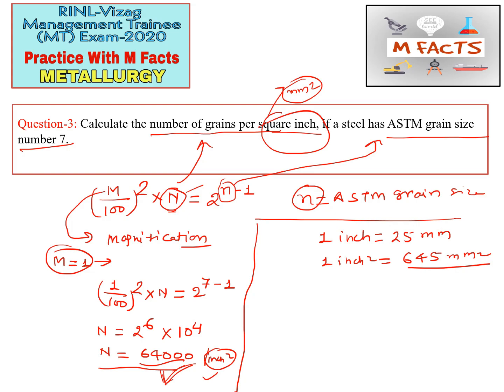So for that type of question we do the calculation till here, and after that we divide this value by 645 for changing the unit to mm square.